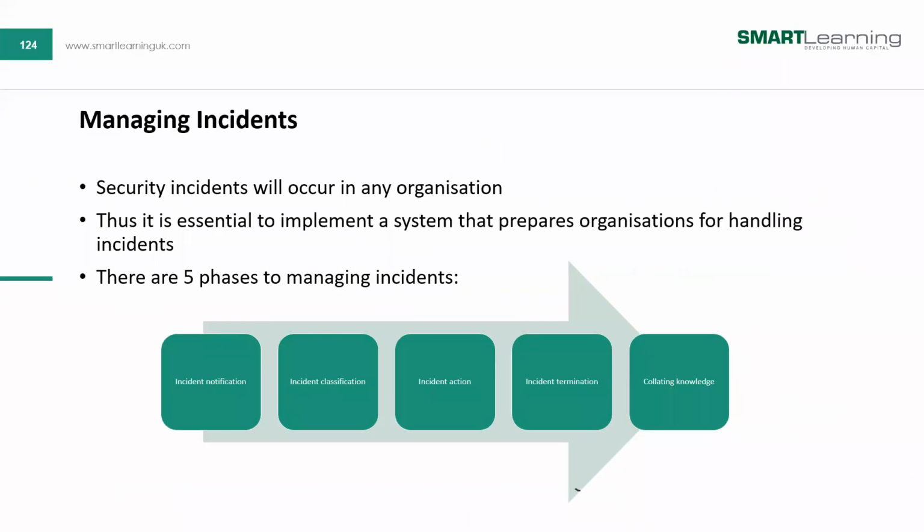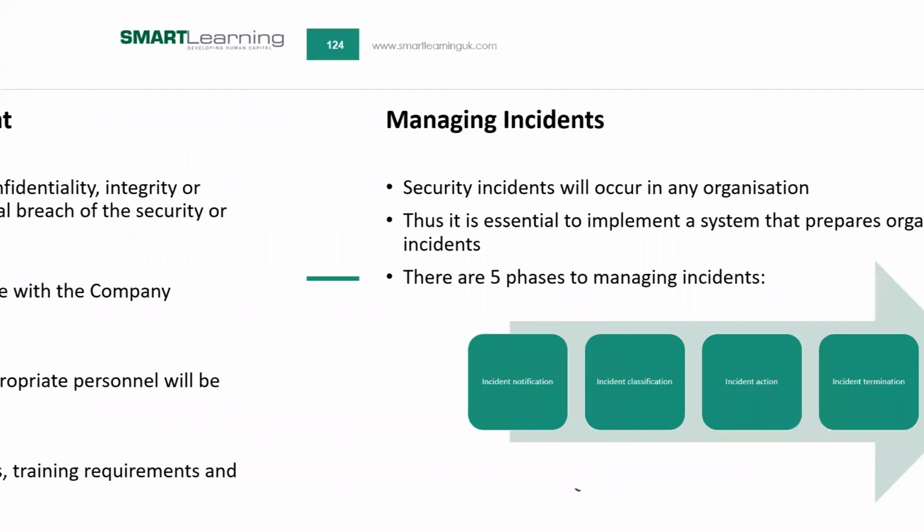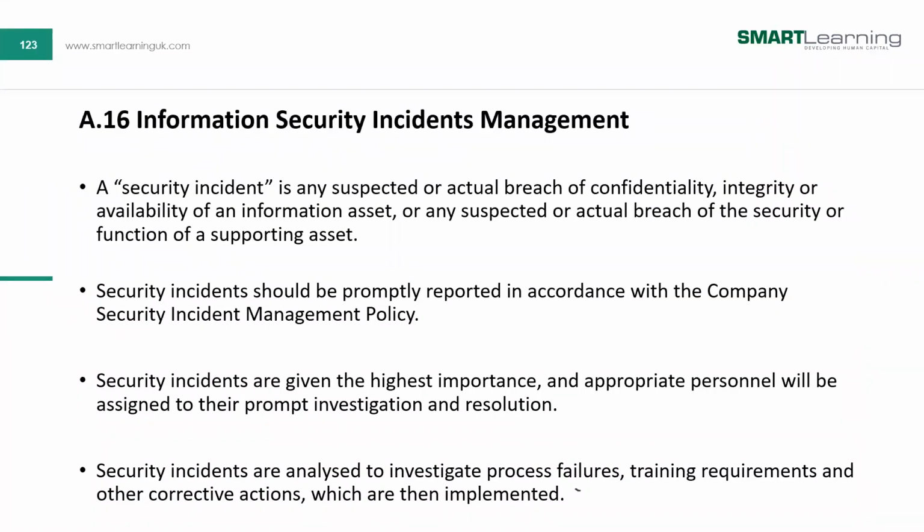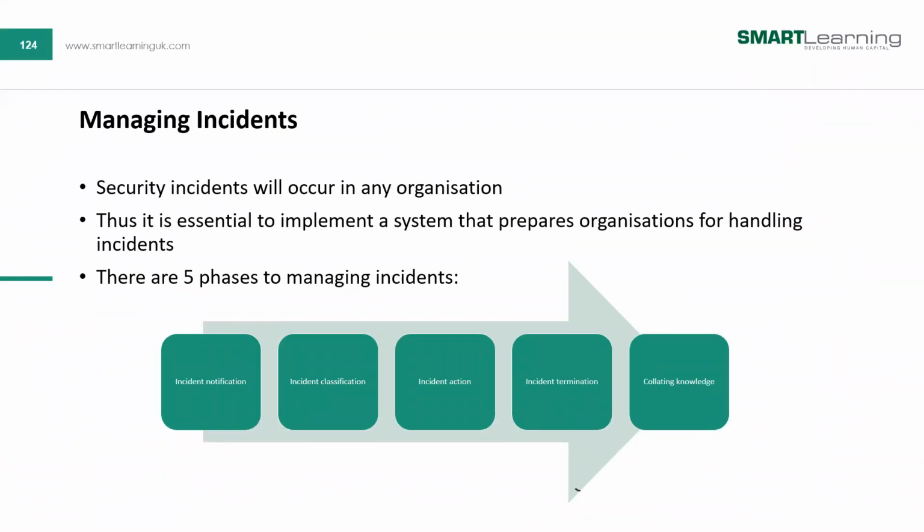So you can create a procedure or a process for incident notification. Once you have defined what an incident is, there is a way of notification to the right team, to the right people, either physical notification or automatic notification by email, by text, by any method, by alarms or alerts as well.